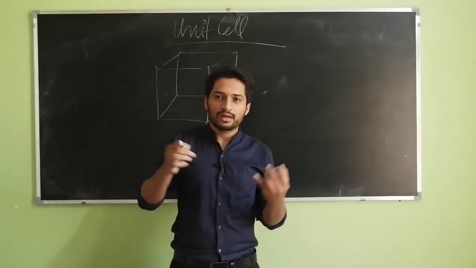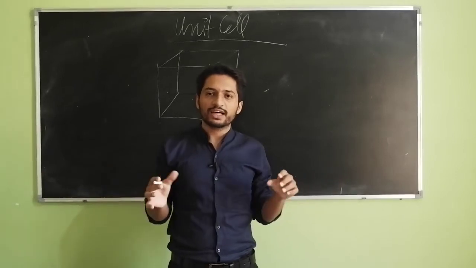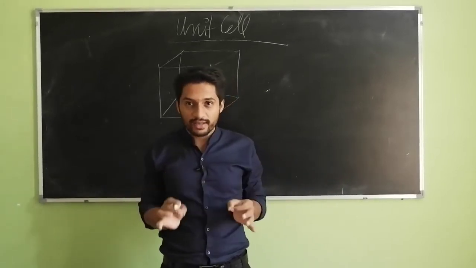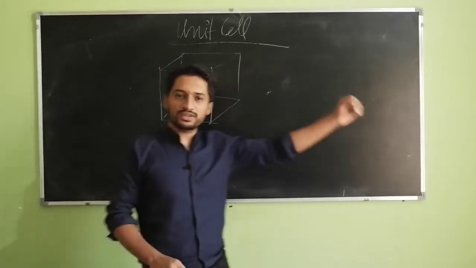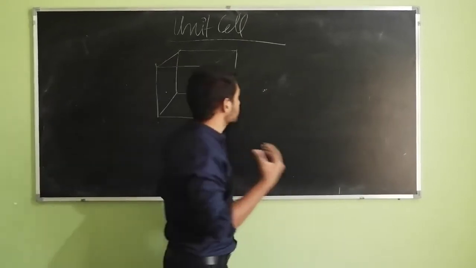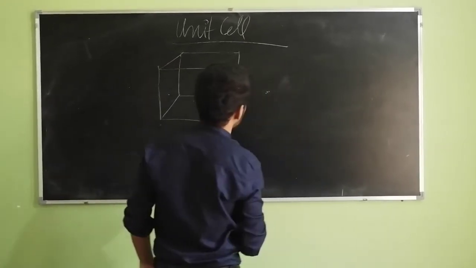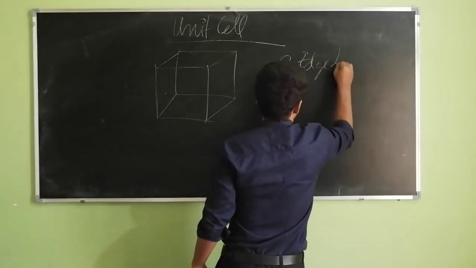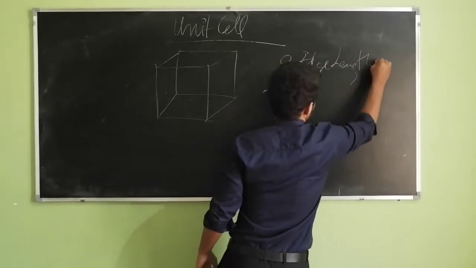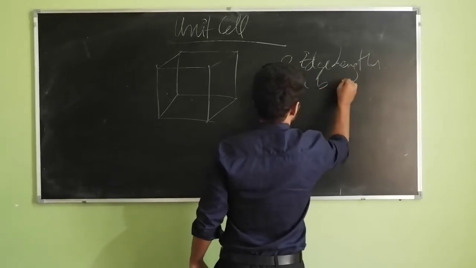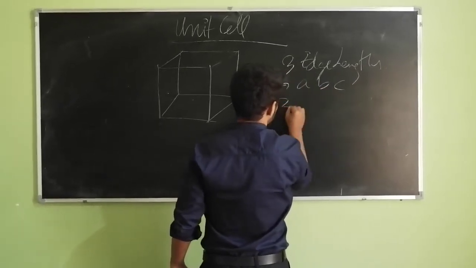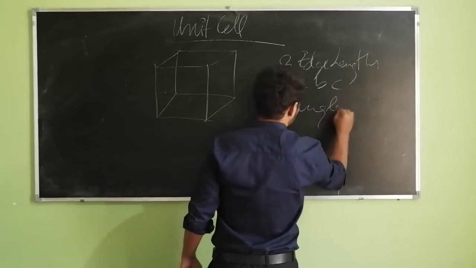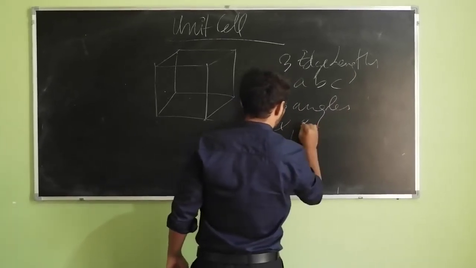Its length, its width, its height, these are the characteristics that define the table uniquely. So in the case of a unit cell, the characteristics that define the unit cell are 3 edge lengths, which are A, B, C, and 3 angles, which are alpha, beta, and gamma.